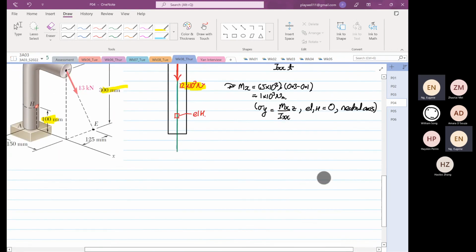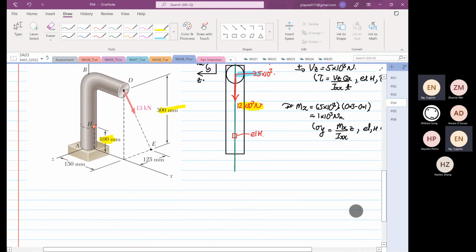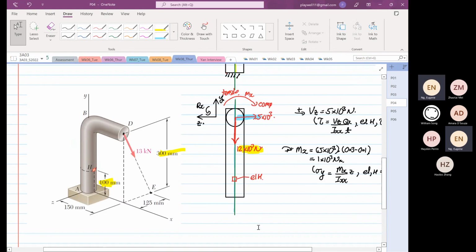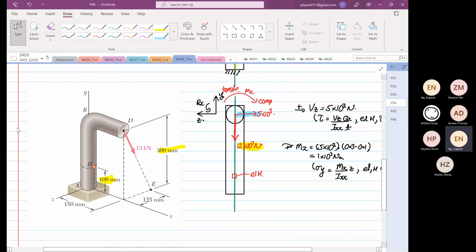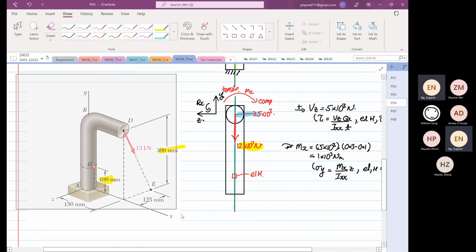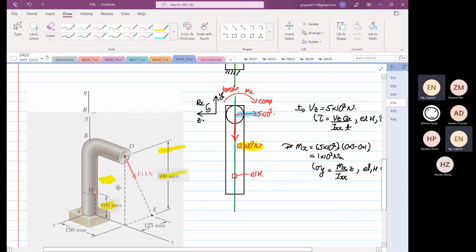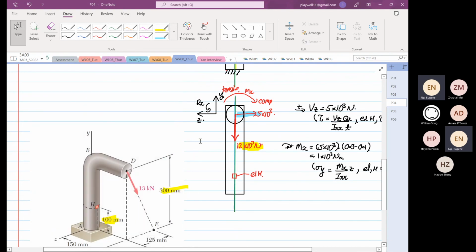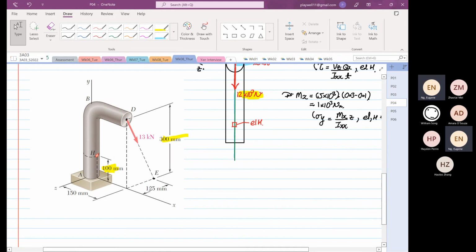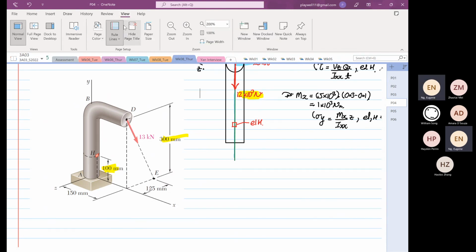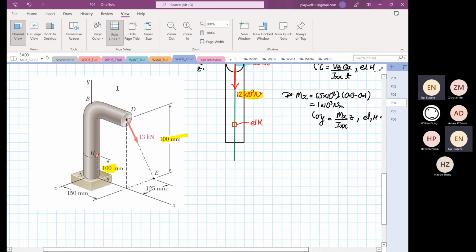Okay, then we are going to do another view. Rather than pasting another image, we are going to look at the so-called plan view now. I'm going to look at the XZ plane now, because you'll see something very unique on the XZ plane for this example.